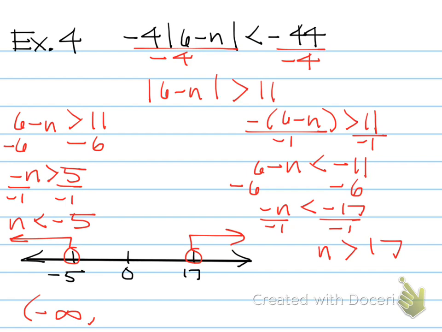So we have parenthesis, -infinity, and that piece of the interval goes all the way up to -5. And we're not including -5, so there should be a parenthesis next to -5, and then a union symbol to combine the two graphs, and then open circle at 17, so parenthesis 17, and that one goes to positive infinity, parenthesis.